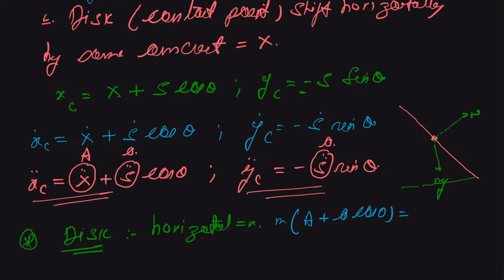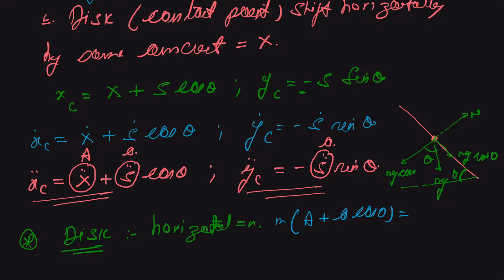So this is our angle theta. We can divide our mg into two components; this will also be our angle theta. So we get mg sine of theta and mg cos of theta.